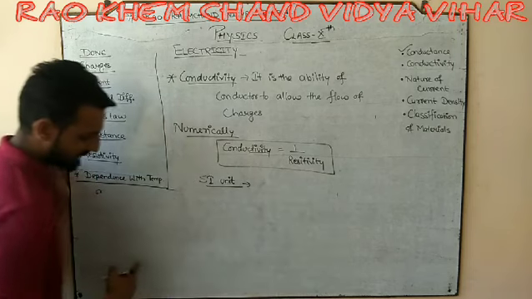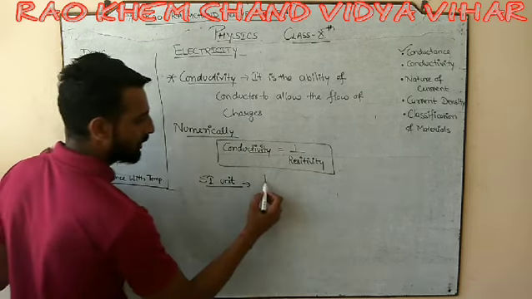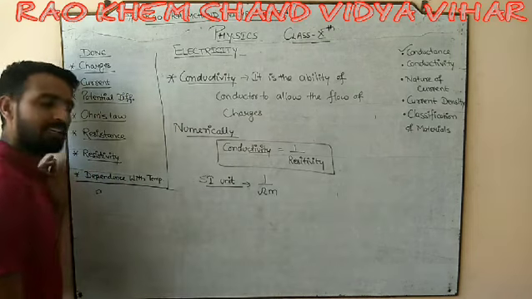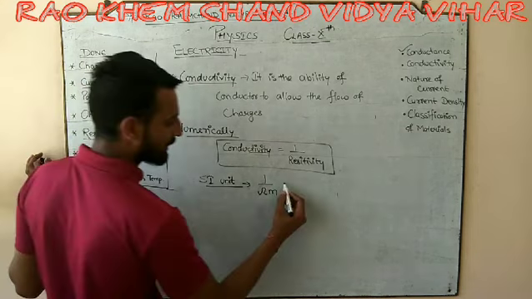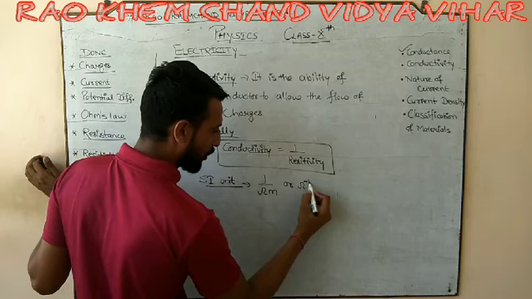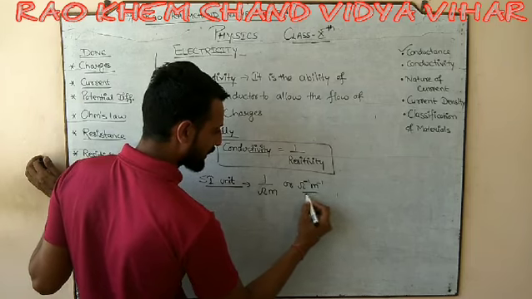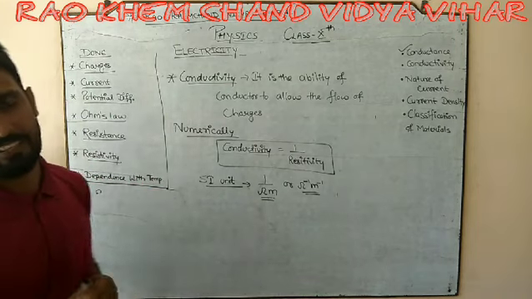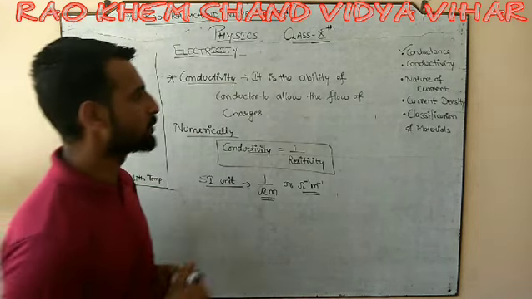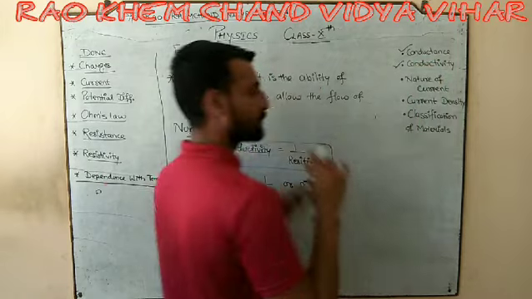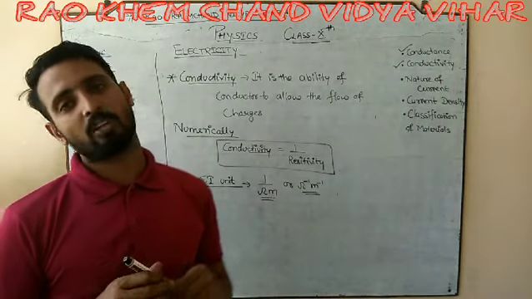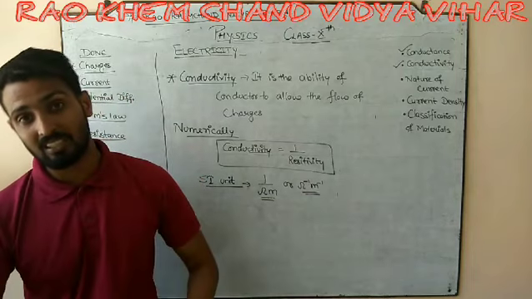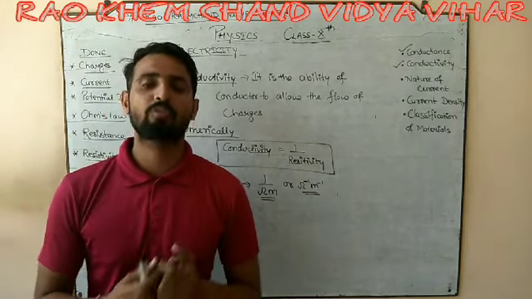Since the SI unit of resistivity is ohm meter, its SI unit would be 1 by ohm meter, or ohm inverse meter inverse. So this is the SI unit of conductivity. These are the two terms we have discussed. Both terms are new and not in the NCERT of the 10th class, but I personally want you to go through them.